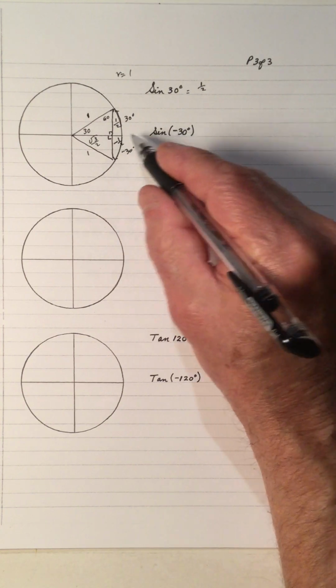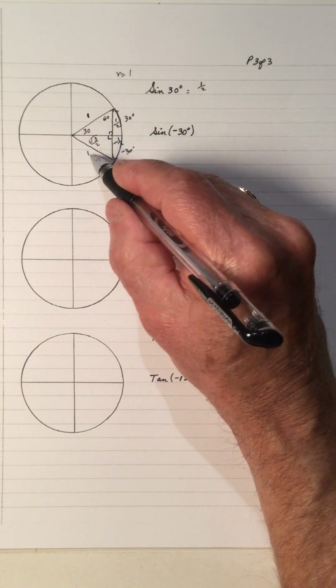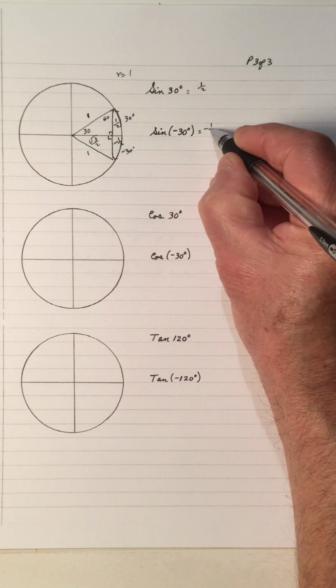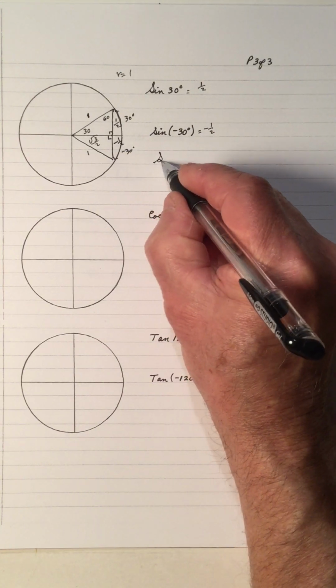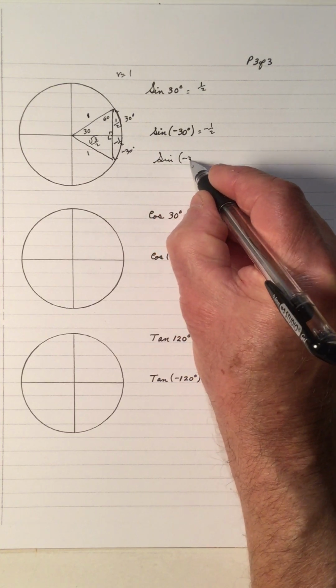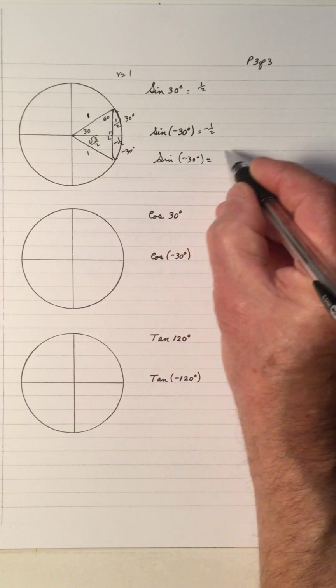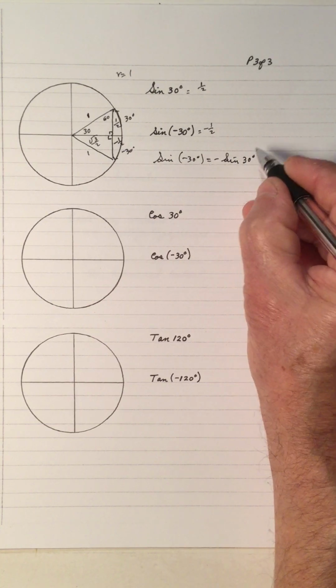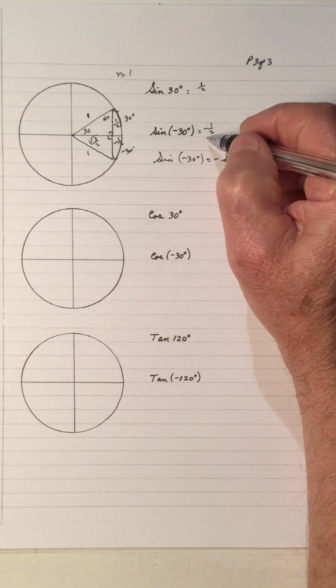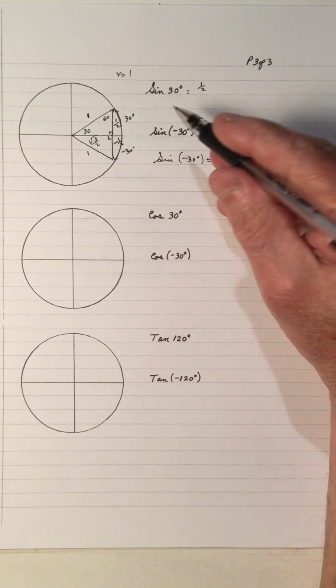So the sine of negative 30 is opposite over hypotenuse, which is negative 1/2 over 1, which is negative 1/2. And as you can see, the sine of negative 30 is the negative sine of 30. This is a half, this is a negative half, so they're negatives of each other. And that's what I explained just then.